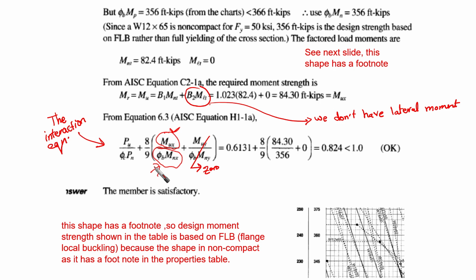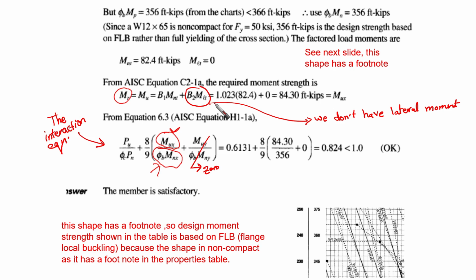So based on that, we are going to have MNT, because we are not having any translational moment. So MR, the required moment strength based on the AISC equation C-1A, is going to be MR equal to M ultimate, which is B1 times MNT plus B2 times MLT. We do not have lateral moment. This means that this term we are going to use.